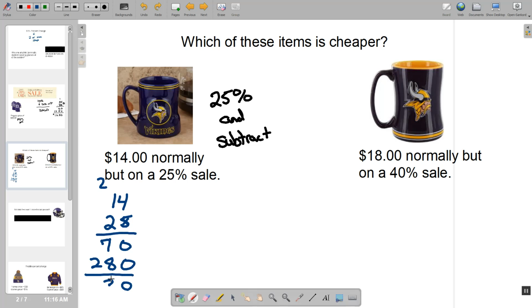So I end up getting, whoops, that should be a 5, $3.50 off the normal price. So now I'm going to subtract $3.50 from what I started with.